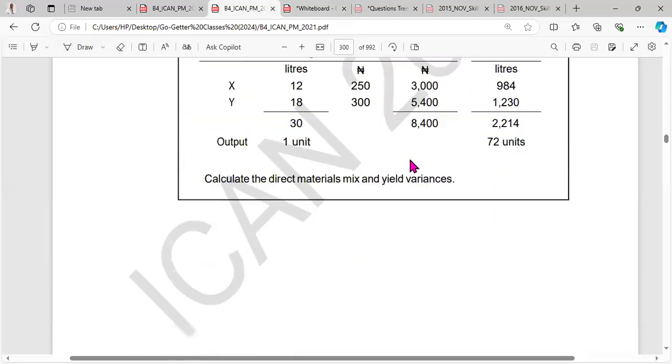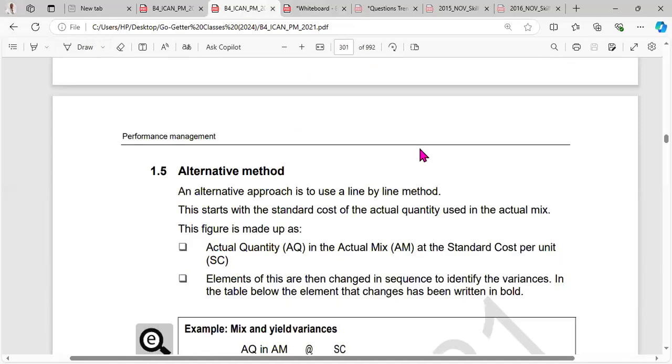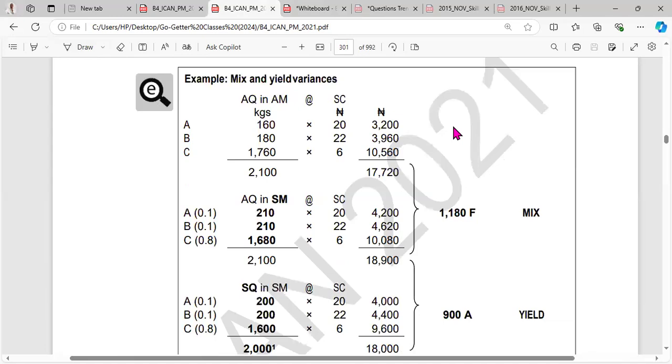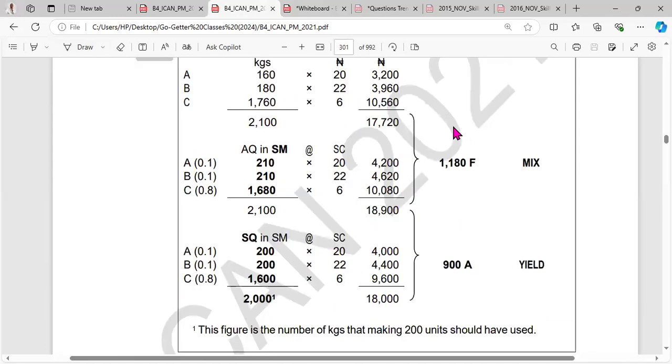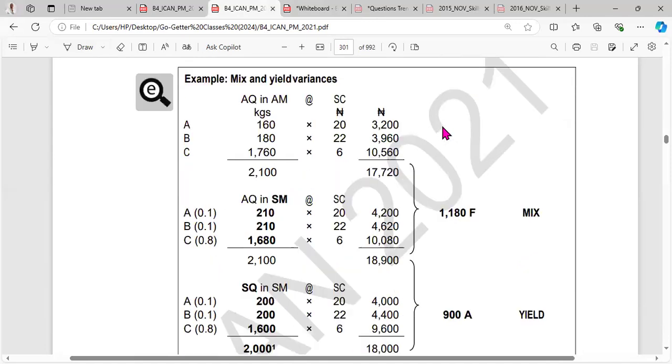Now that we've done mix and yield variance, look at the alternative method here. This is the alternative method that I was looking at. Actual quantity in actual mix. That's what we did before.